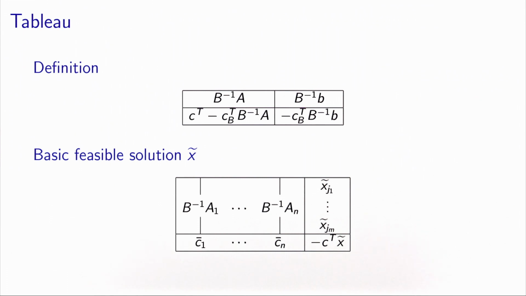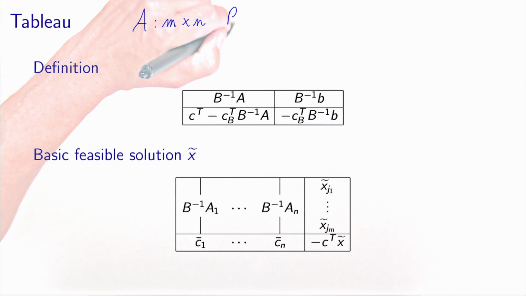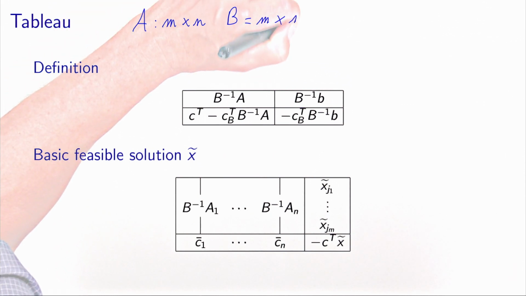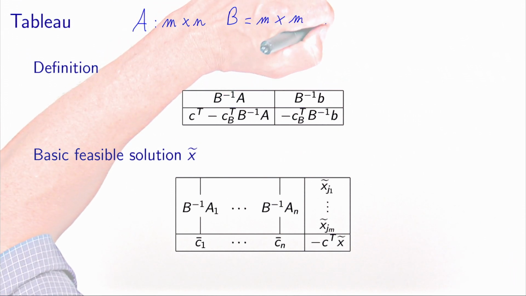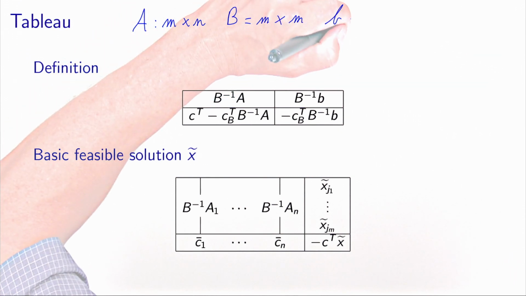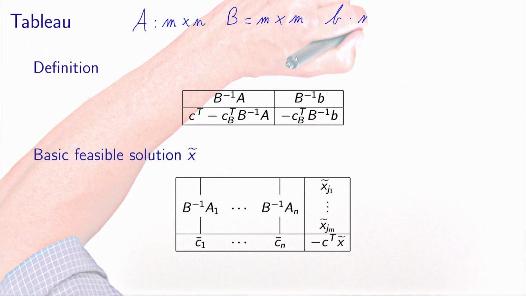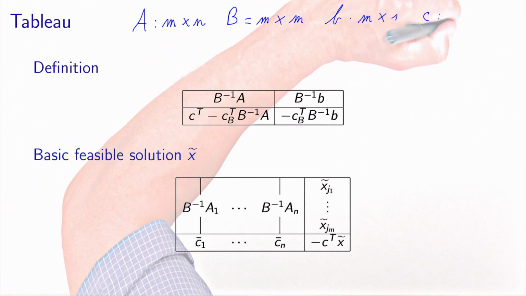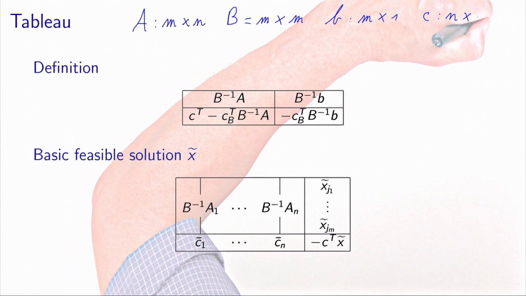First thing, let's define the dimension of this tableau. Remember that A is a matrix which is m times n. B is the basic matrix which is m times m. The vector b has m rows for one column, and the vector c has n rows for one column.